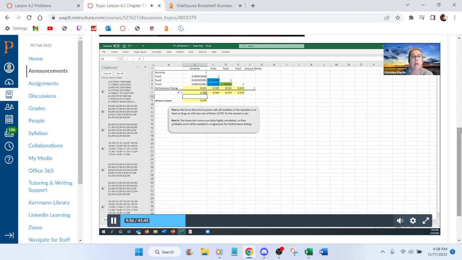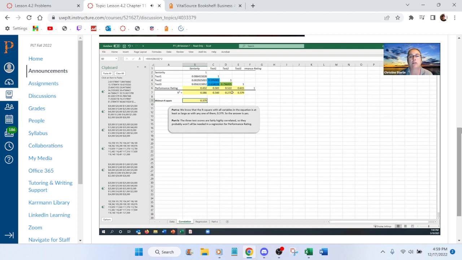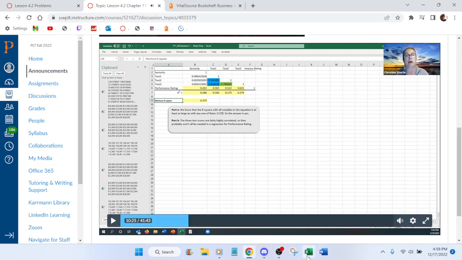If you look at which of these values is the largest, the 0.379, this would be the minimum R squared that you would have, or actually that should be maximum. That would be the maximum R squared that you would have. So yes, it's going to be accurate within 0.4, because R squared is 0.37.